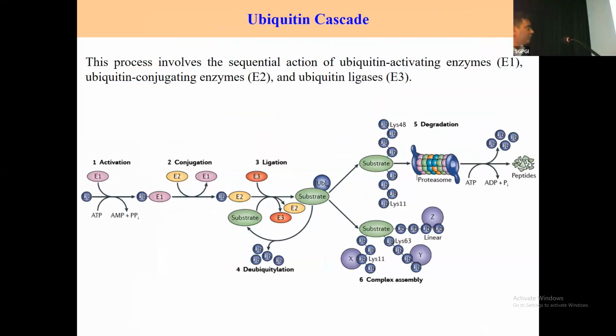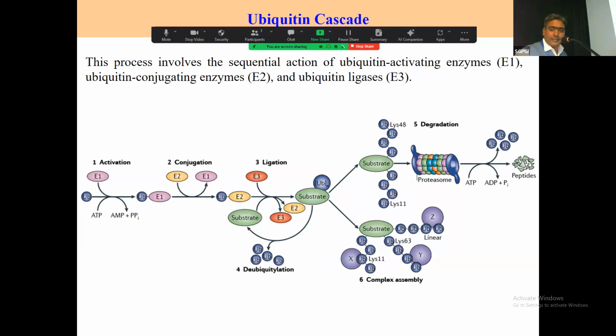But before I go into the protein stability pathway, let me briefly talk about the ubiquitin cascade. Of course, you are all aware, but I would like to mention that the ubiquitin cascade is a sequential action of various enzymes, E1, E2, E3, and very importantly, deubiquitinases, or DUBs. So there is interplay between E3s and DUBs.